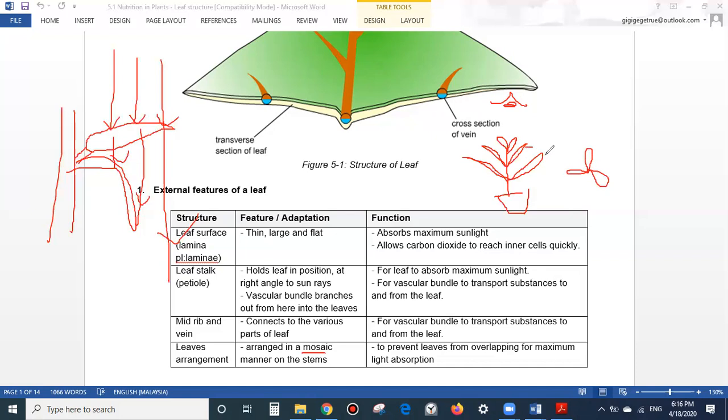And then this layer, the second layer, will not overlap with the first layer. So it will get maximum sunlight.